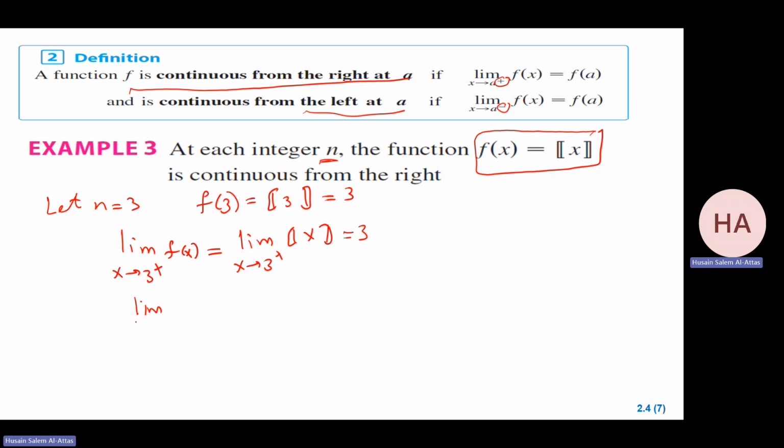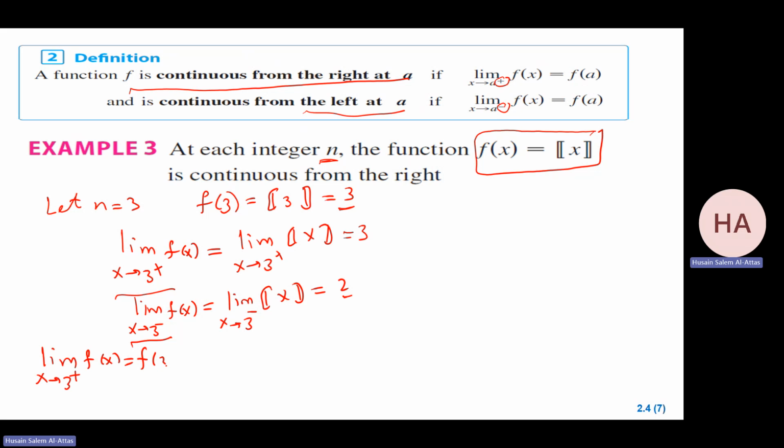However, if x goes to 3 from the left, it's less than 3, so the greatest integer makes it 2. So the limit from the right equals f of 3, but the limit from the left does not equal f of 3. That means f is continuous from the right at x equals 3.